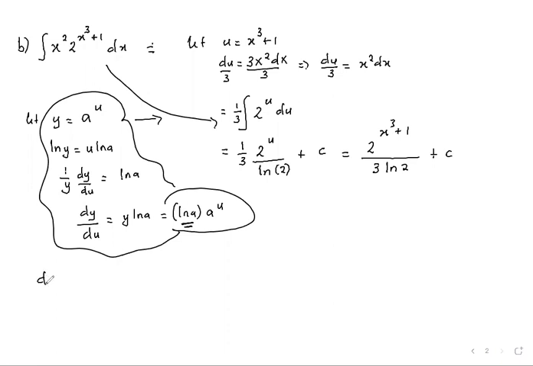So we'll differentiate with respect to x: 2 to the x cubed plus 1 over 3 ln 2. C is okay because we know its derivative to be 0.